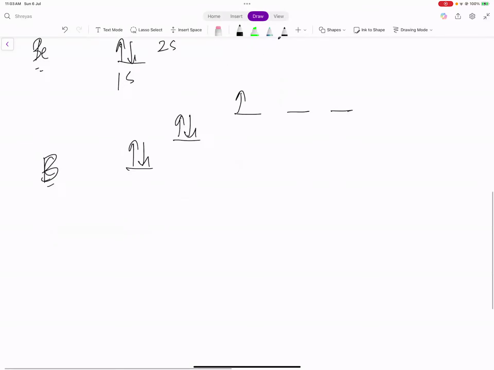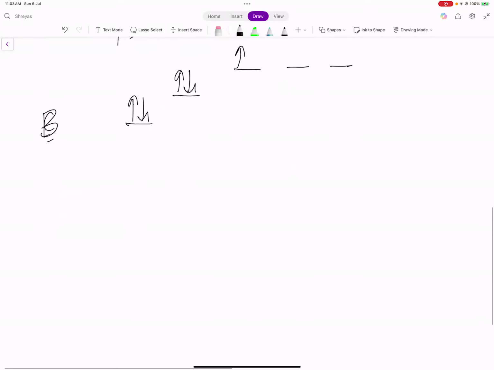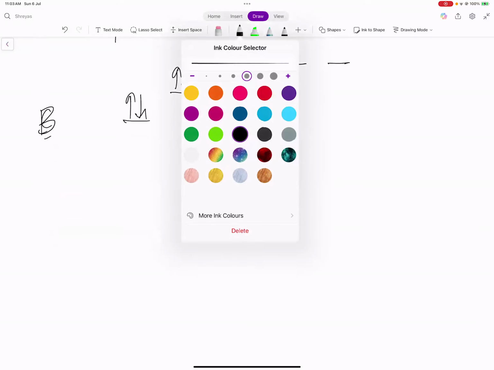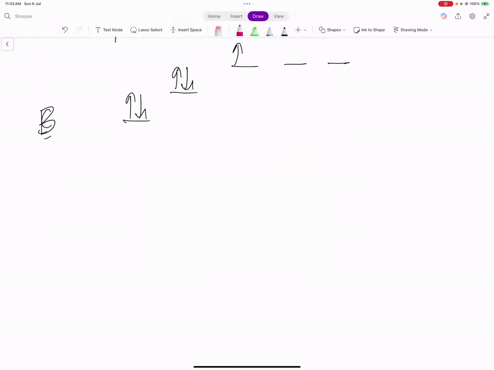Right. Carbon. Let's use some colors. This, this, this, and this, right?